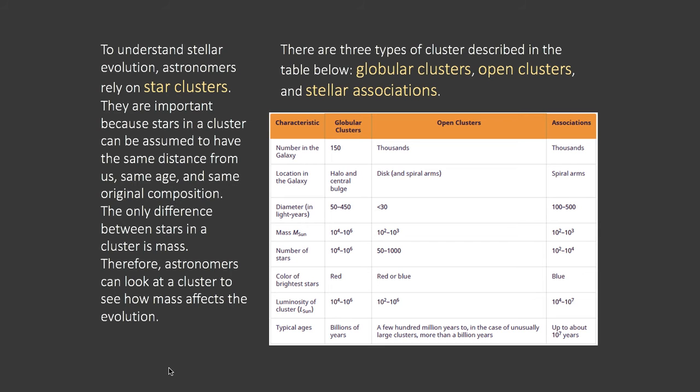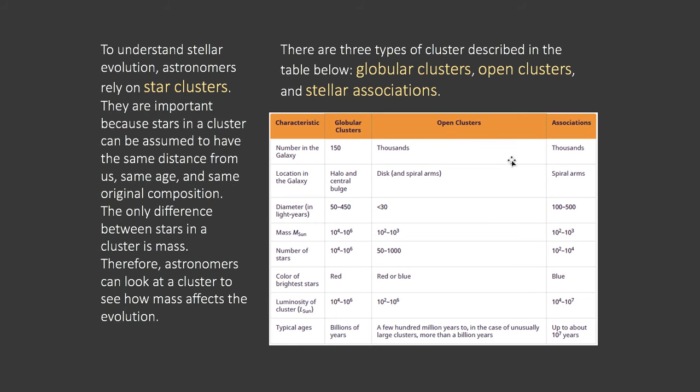Now, within that definition, there are three different types of star clusters. There are the globular star clusters, open clusters, and stellar associations. And the table here distinguishes the three. They're basically going from the biggest clusters down to the smallest clusters. So for globular clusters, this is how many there are in the galaxy: 150 of them.